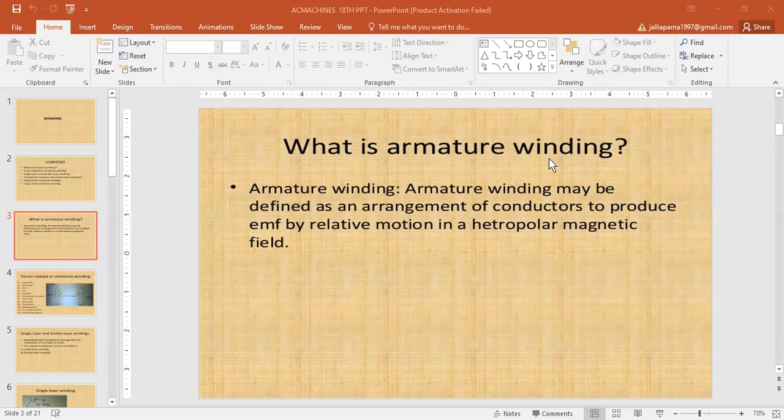But before doing this, the meaning of the following terms used in connection with armature winding should be clearly kept in mind.